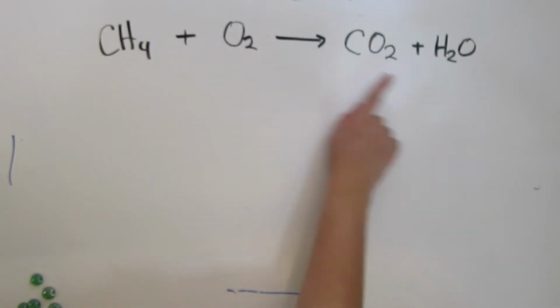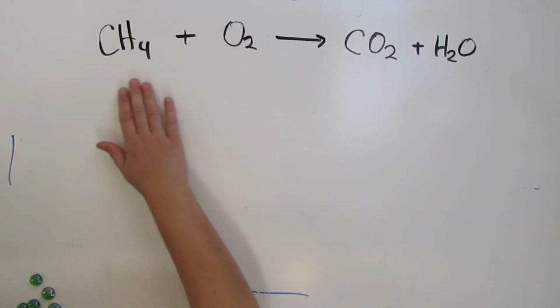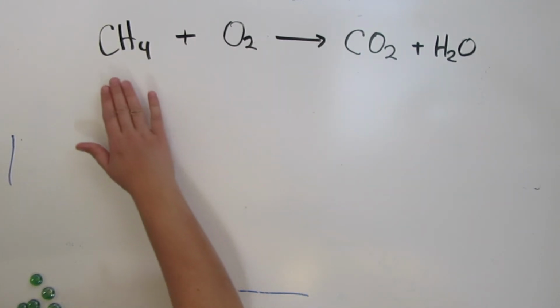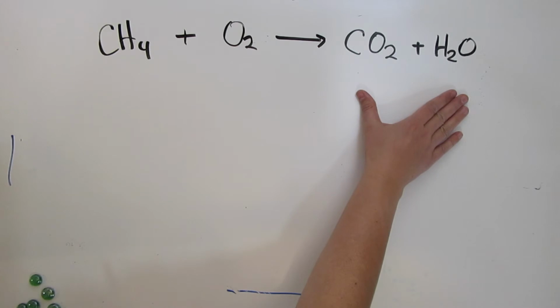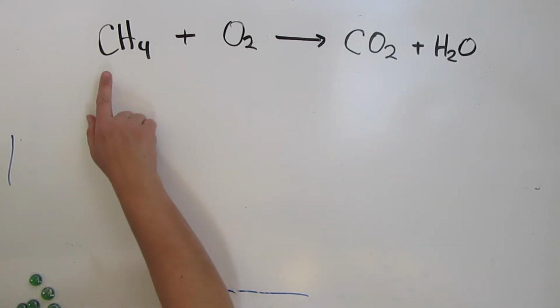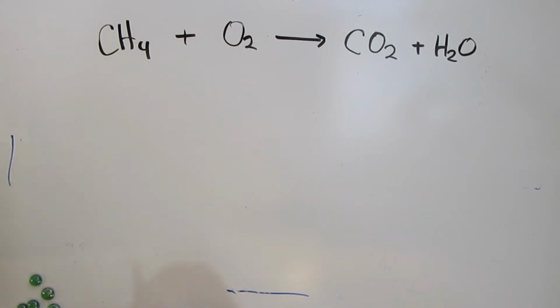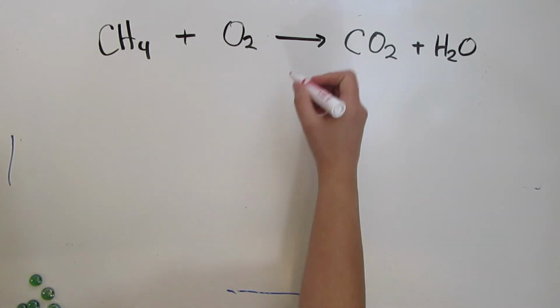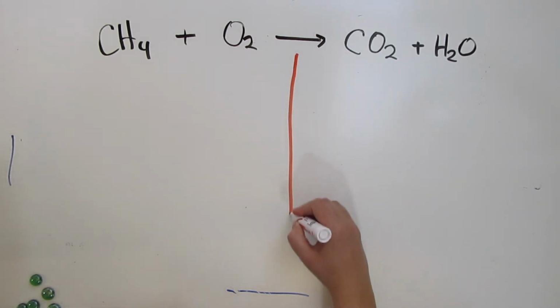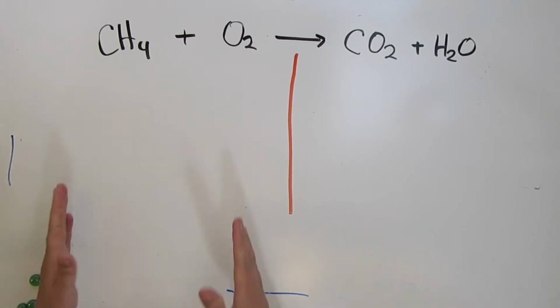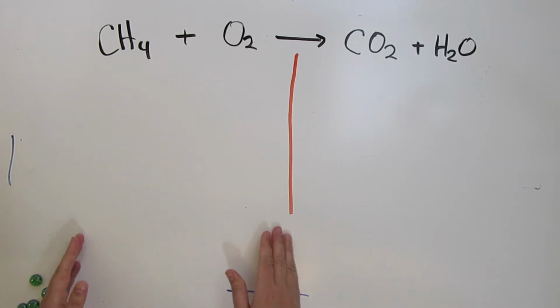You can see now why this is slightly different than the equations we've been balancing up to this point, in that we have two products instead of just one product, and we have three different elements. We have carbon, hydrogen, and oxygen. So once again, I'm going to draw a line here just to help us keep our products and reactants separate.